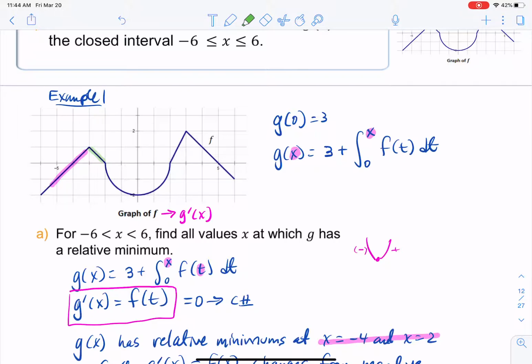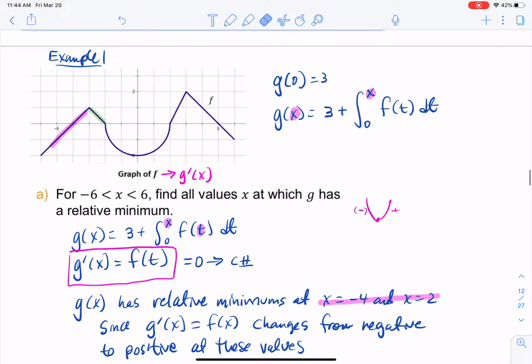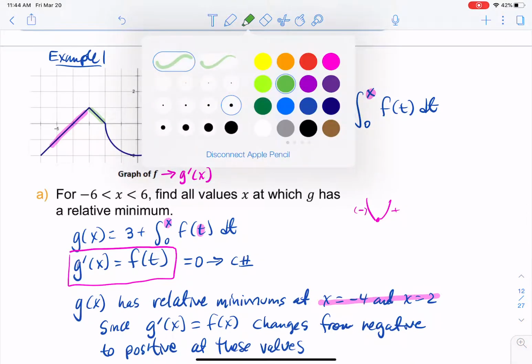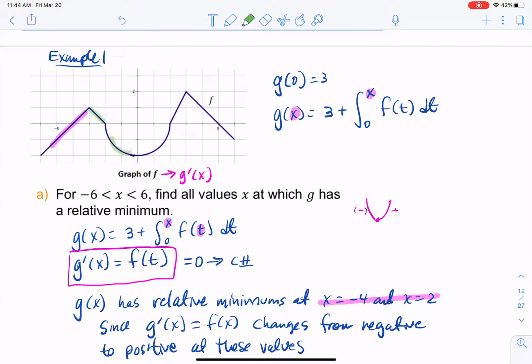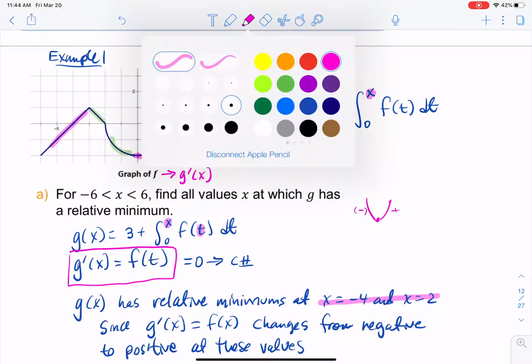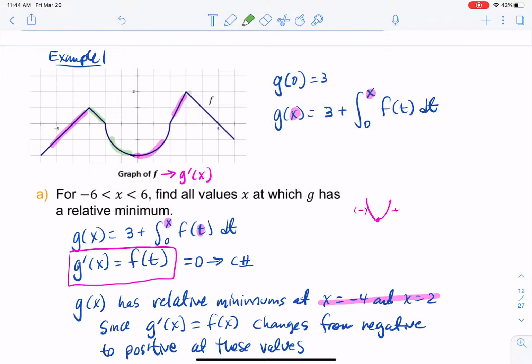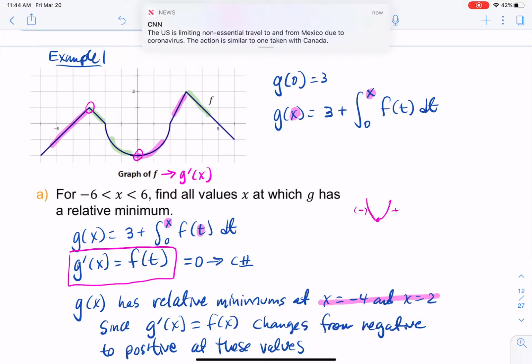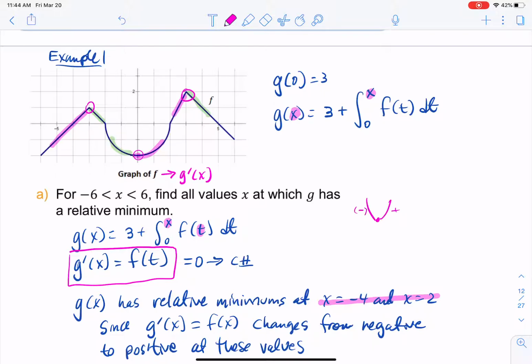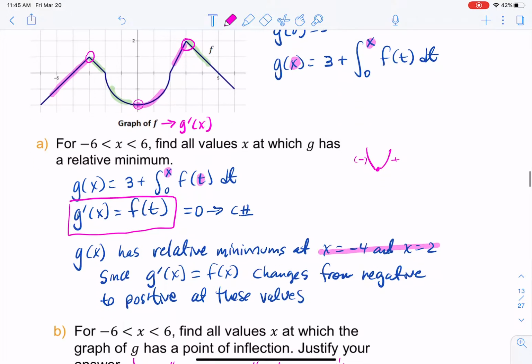And then right down here, we have another one at 0, because we are changing from decreasing to increasing again. It continues to increase until we get to 1, 2, 3. And then after 3, it decreases again. So we've got 3 points of inflection. We've got -3, +3, and 0.